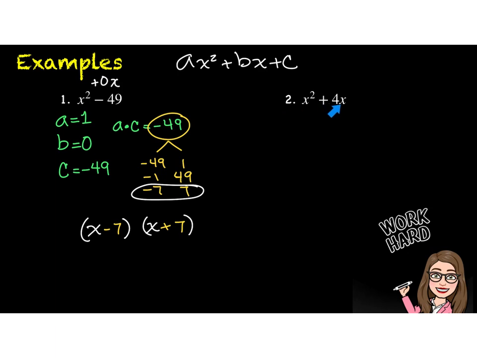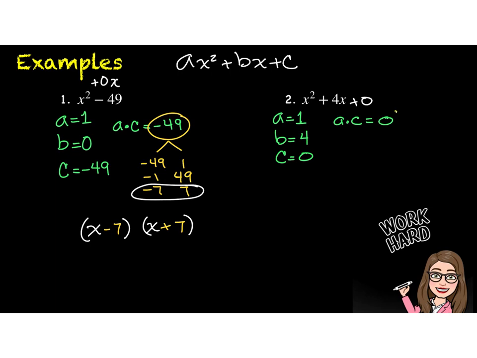Let's look at the second type of special case. Why is this different? Well, let's start from the beginning. A, the number in front of the x squared, is an invisible 1. B, the number next to an x, is a 4. But then at last, for C, we have no number here. What does that mean? That we technically have a plus 0, telling us that our C equals 0. So when I do my first step, which is multiply A times C, what I'm going to multiply is 1 times 0, which is 0.